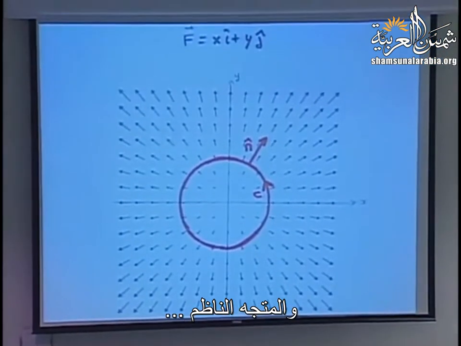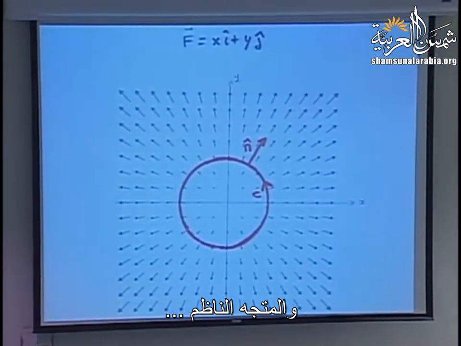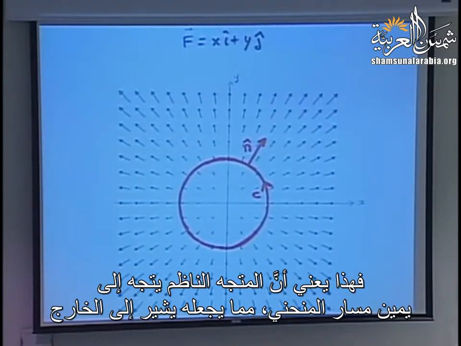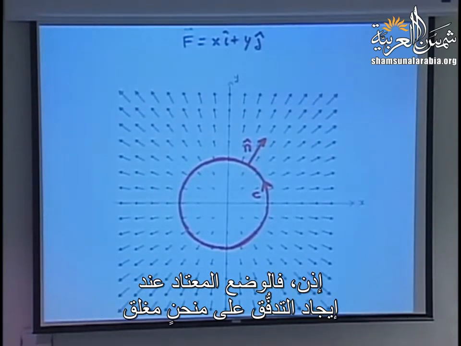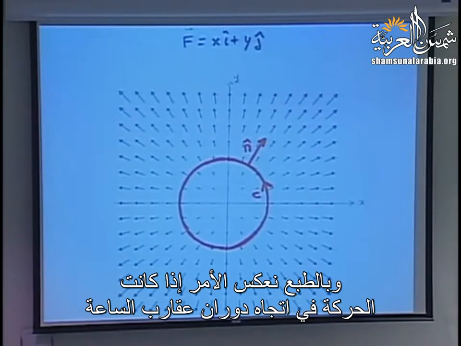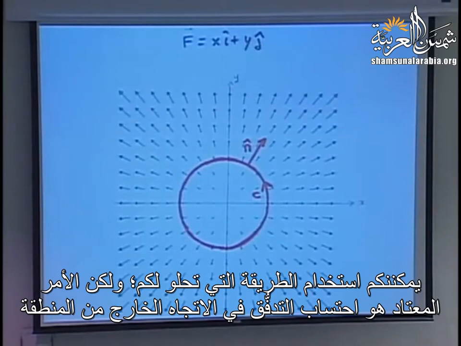When you go counterclockwise on a closed curve, this convention that the normal vector points to the right of the curve makes it point out. So the usual convention when you take flux through a closed curve is that you're counting the flux going out of the region enclosed by the curve. Of course, if you went clockwise, it would be the other way around. You can choose to do it the way you want, but the most common one is to count flux going out of a region.